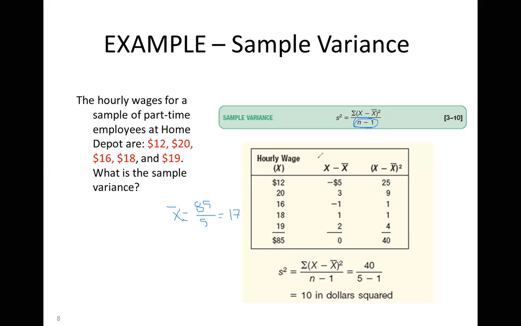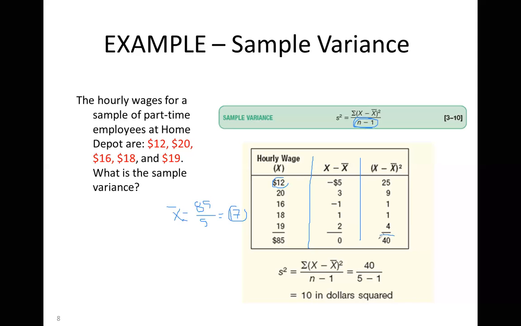Now we need to add another column for x minus x bar. Each value of the hourly wage minus 17 will give you the deviation around the center, around the mean. Then squaring the values: the first value, 12 minus 17, is negative 5, and negative 5 squared is 25, and so on for all the values.